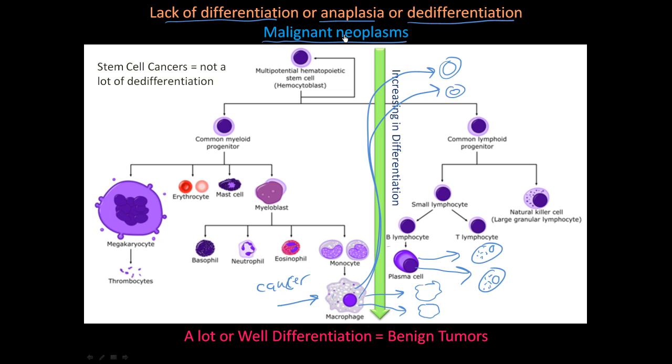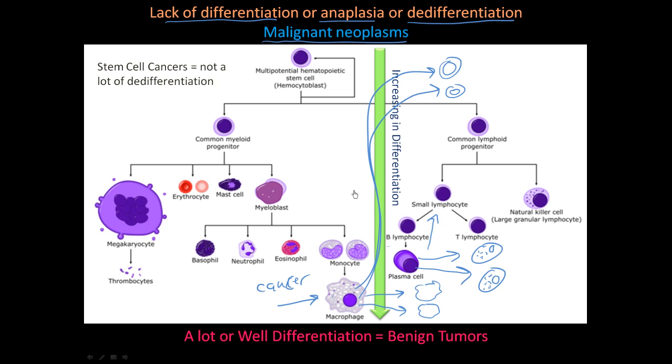Well, remember, malignant neoplasms can run the whole gamut, the whole continuum, from no differentiation to a lot of differentiation. So they're actually moving backwards. They're dedifferentiating. They're going backwards up these differentiation pathways. So they're anaplastic. They're lacking differentiation. So you might be thinking, well, this is actually not a benign tumor. This is a malignant neoplasm because it's going back.